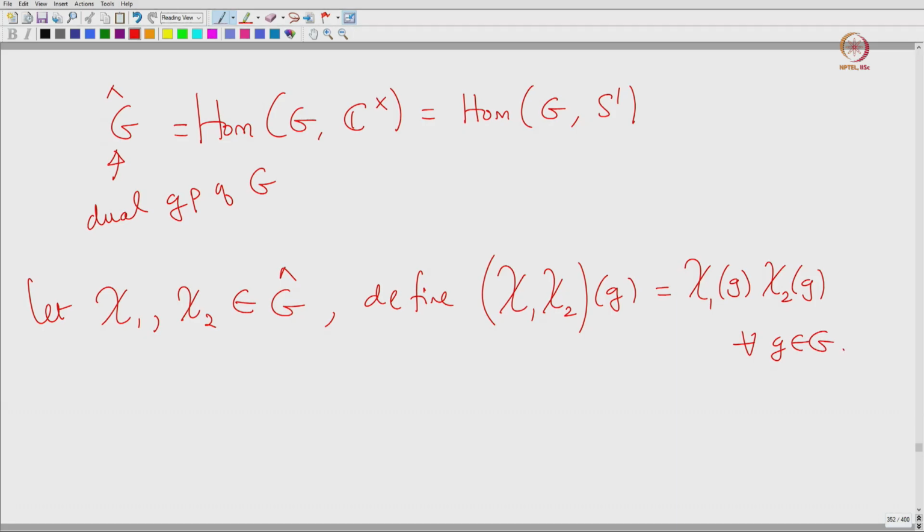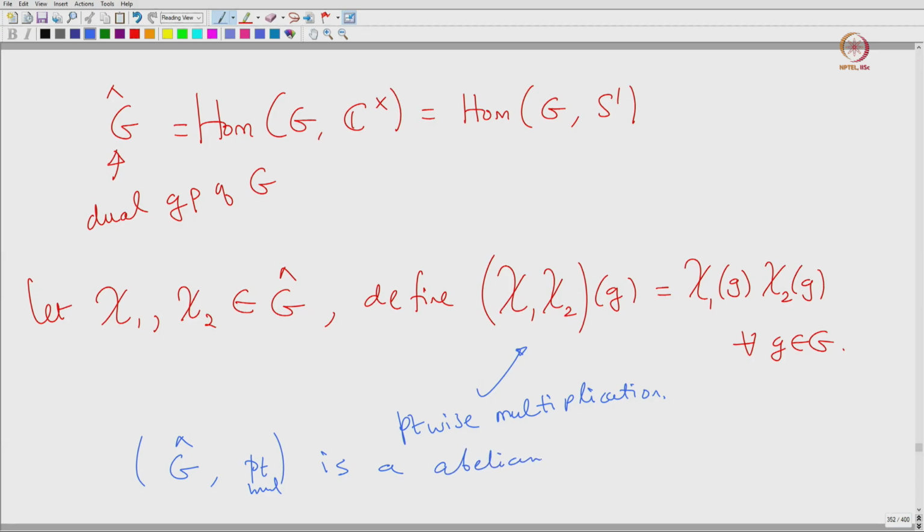This multiplication is what we call pointwise multiplication. With this multiplication, G hat forms a group. Indeed, it is an abelian group, and we are going to show later that G hat is isomorphic to G itself.